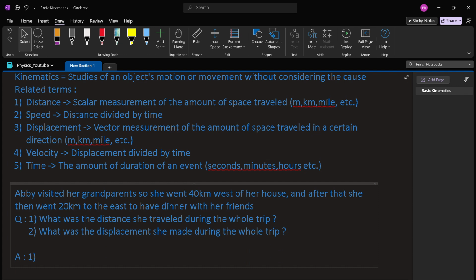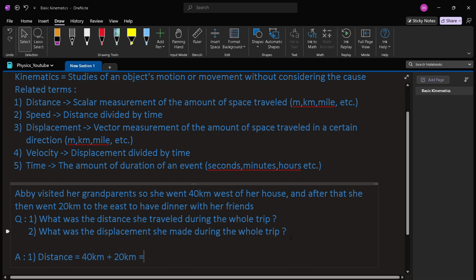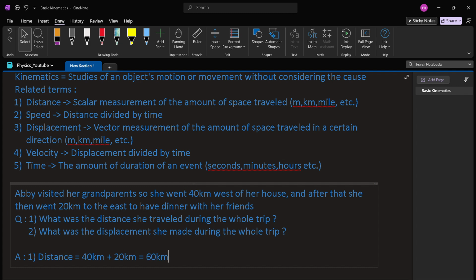Since distance is a scalar measurement, we don't need to worry about the direction in which someone or something is traveling. We just need to know the magnitude of the distance traveled. So our answer for the distance is 40 kilometers, which is the first trip, plus 20 kilometers, which is the second trip where she went to the east to have dinner with her friends. The total is 60 kilometers.